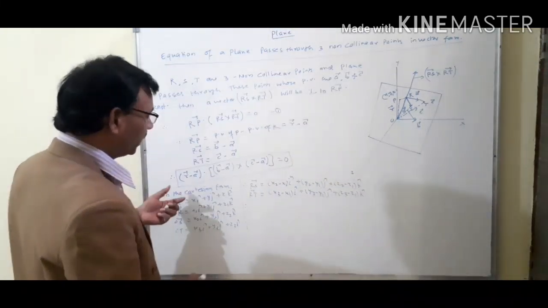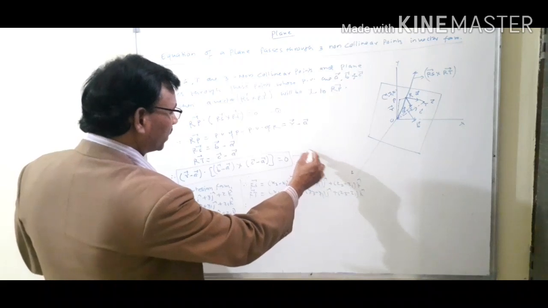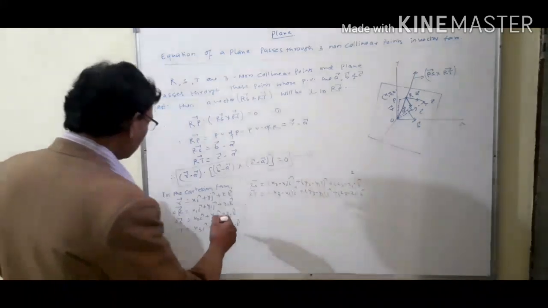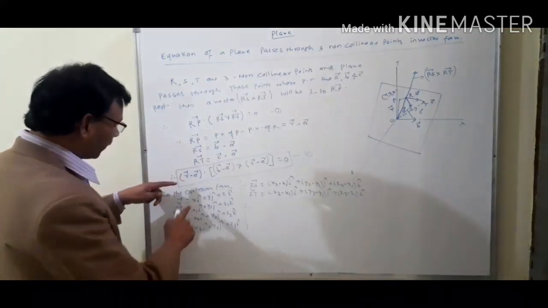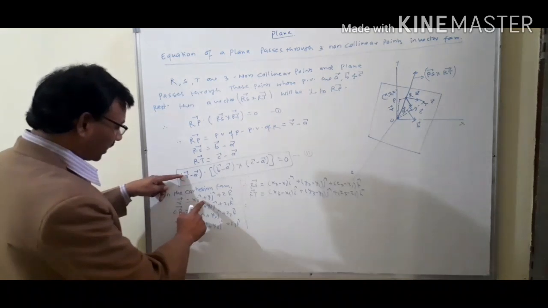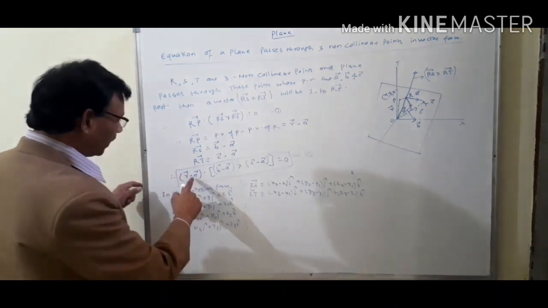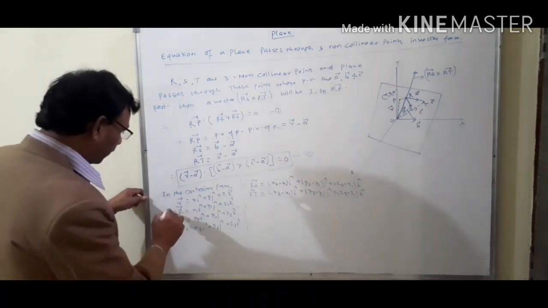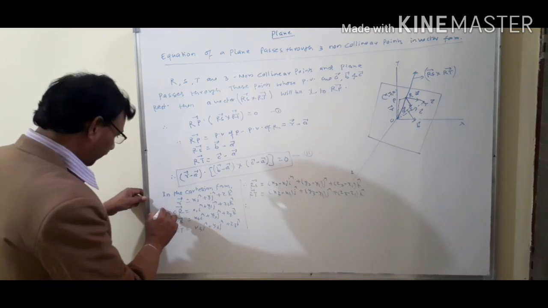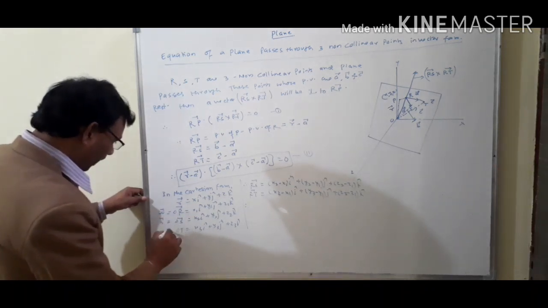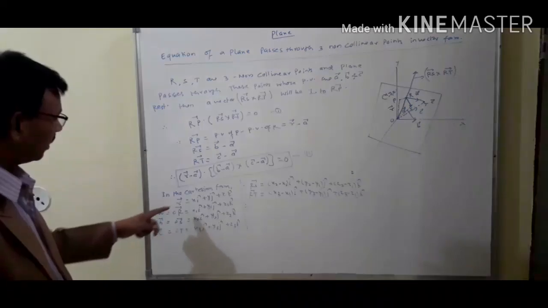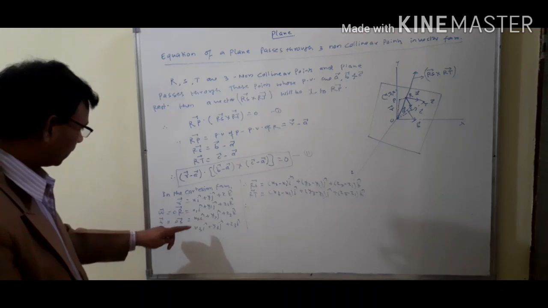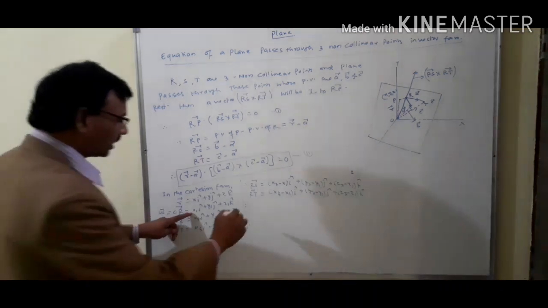Therefore, if we put this in equation 2, then this will be r minus a. Here r equals x i plus y j plus z k, and a is the position vector OR, this is b and this is c. So r minus a means x minus x1.